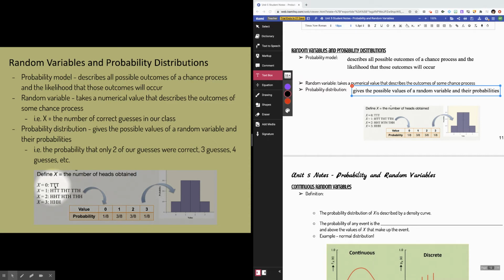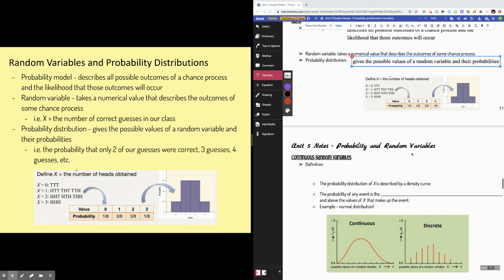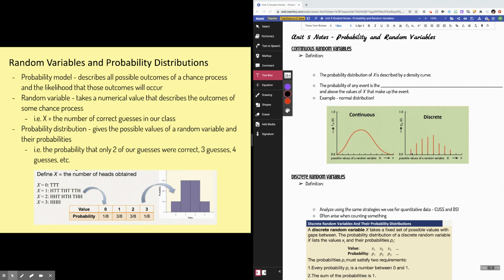The probabilities come from how many ways that particular value of X could occur. There's only one combination that gives you 0 heads, which is tails, tails, tails. There are 8 possible combinations total, so the probability of that is 1 out of 8. If you add all of the probabilities up, they should equal 1 or 100%, which is a common theme in a lot of these things. I'm hoping that sounds familiar as we learn about all these probability distributions.